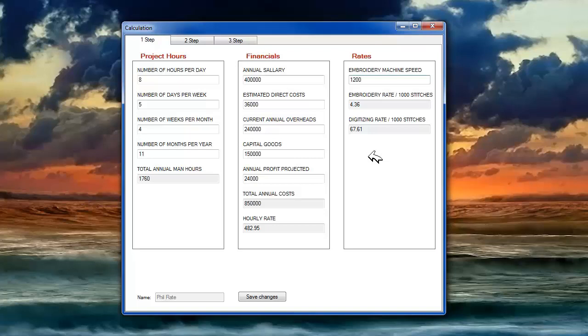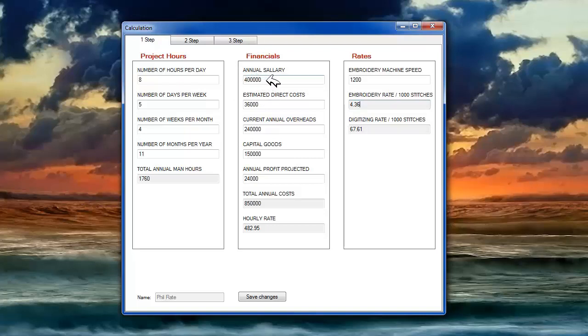Now, working on 1,200 stitches per minute, it means I need to charge out my embroidery rate at R4.36 per 1,000 stitches. So based on the cost that I've put in here, I need to charge that rate. If I go back and look at my annual salary in rand per year, that's a 400,000 rand salary.